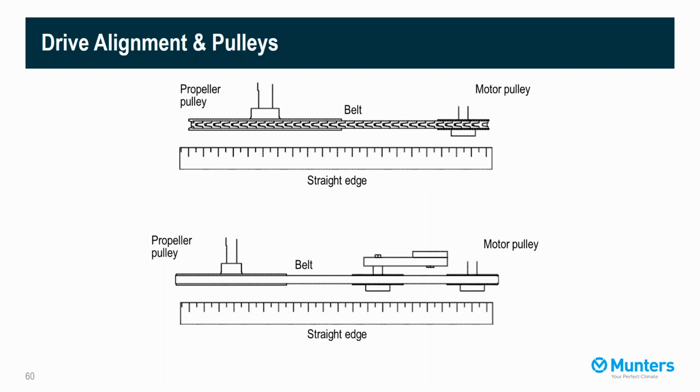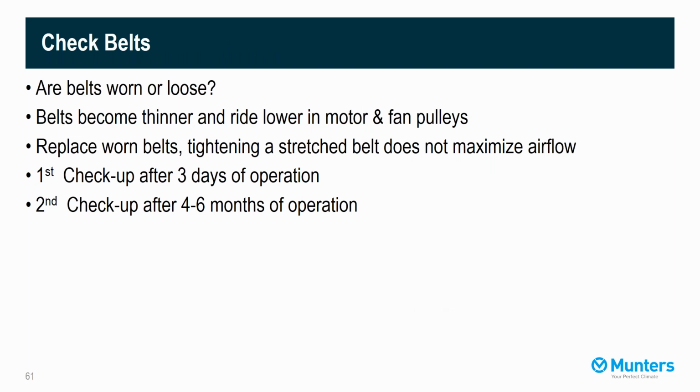So you want to use a straight edge to make sure that the propeller pulley and the motor pulleys line up, and also including the tensioner pulley. You want to check the belts. Are they worn or loose?